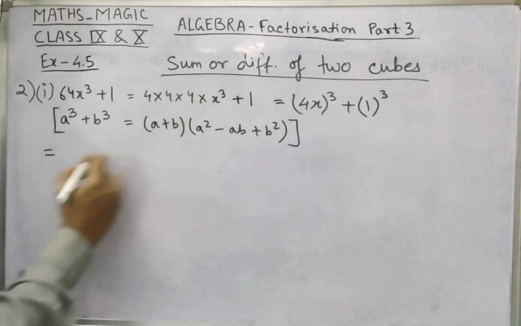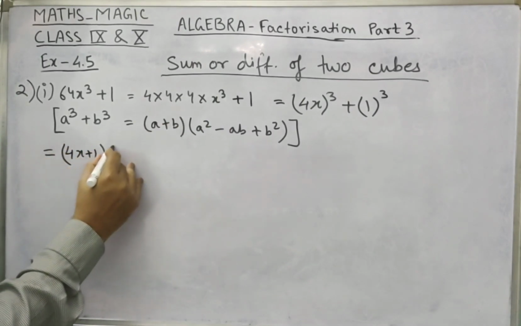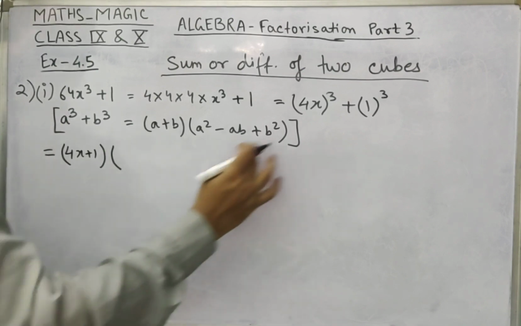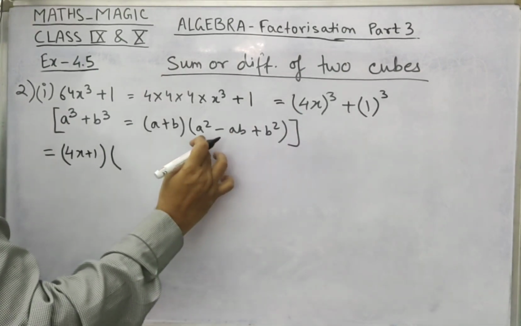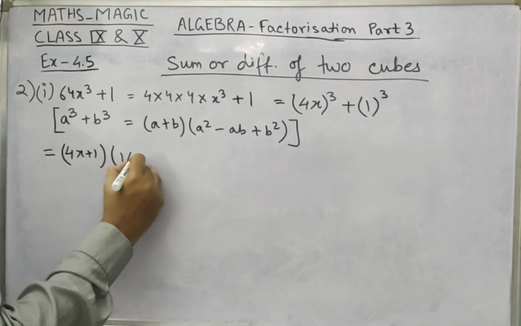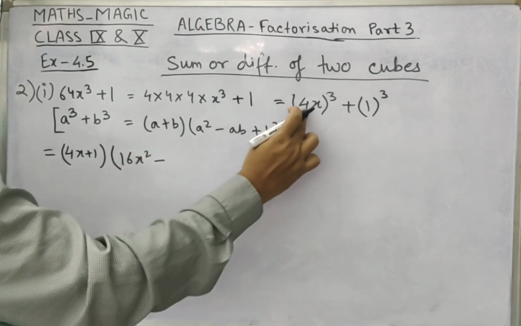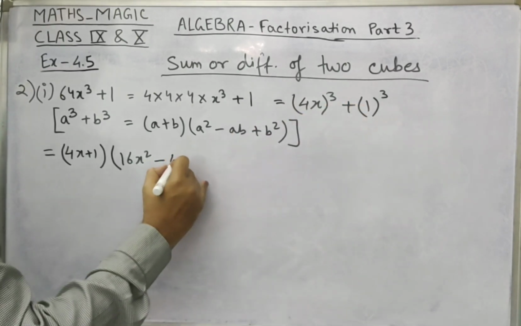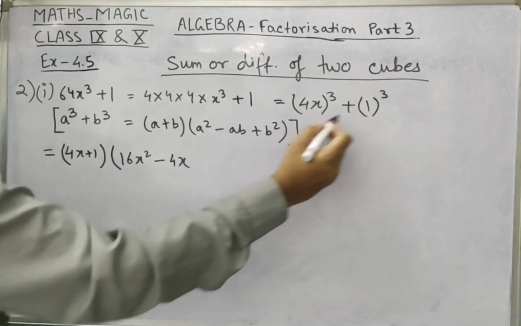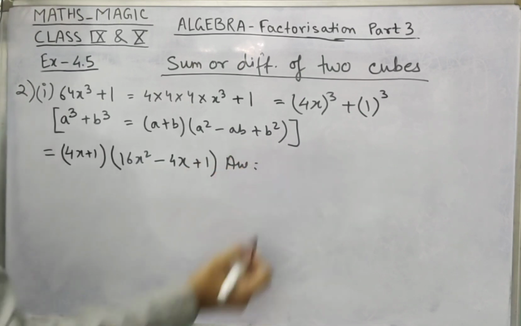So A plus B, 4x plus 1, and then A square, that means (4x) square, so 16x square, then minus sign, A into B, 4x into 1, so that makes 4x, and then plus B square, that means 1 square, so plus 1. So this is my answer.